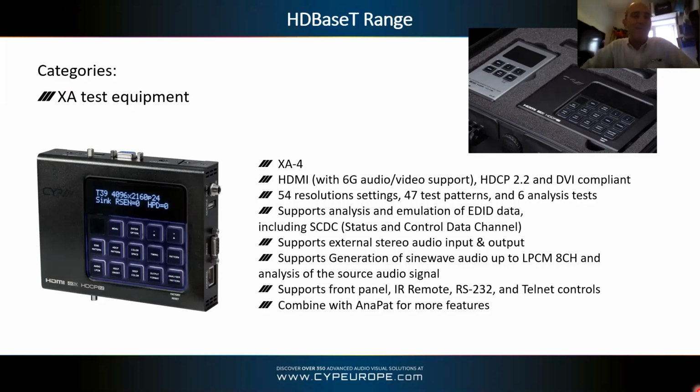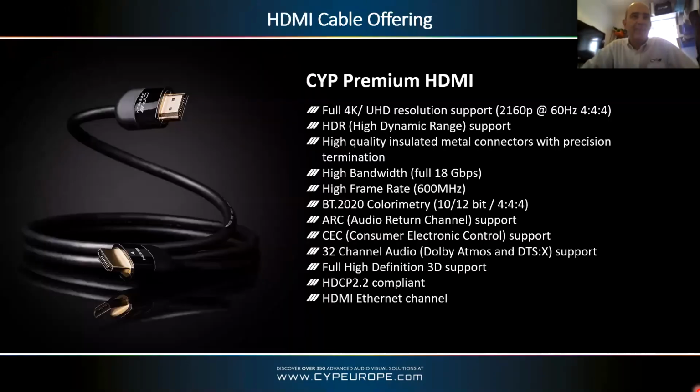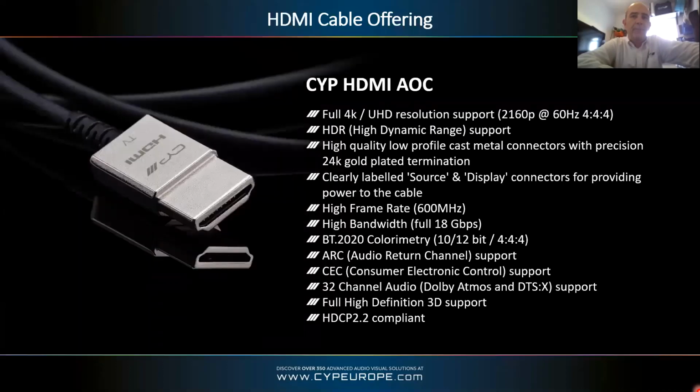Yeah. And I think this is our last section now, just touching on the fact that we do have a full range of HDMI cables as well. So we have our premium certified HDMI cables from 0.5 meter up to 7 meter. Very, very good quality. We have our AOC active optical cables that we mentioned earlier, which are incredibly well built. If you can see on screen there, I think the picture looks great, but in real life, they are just so well built.